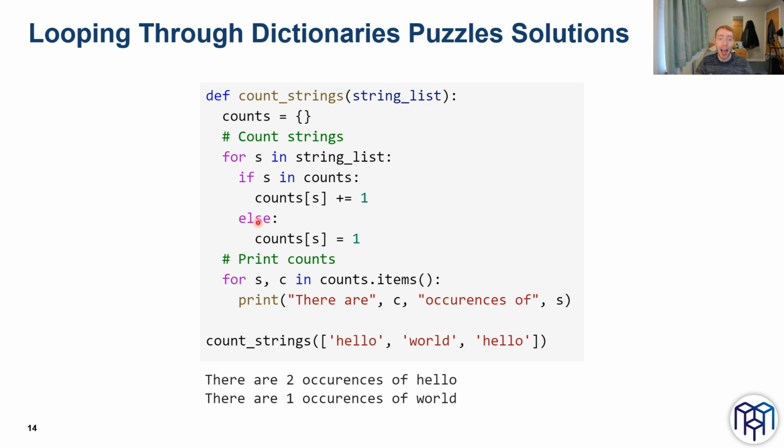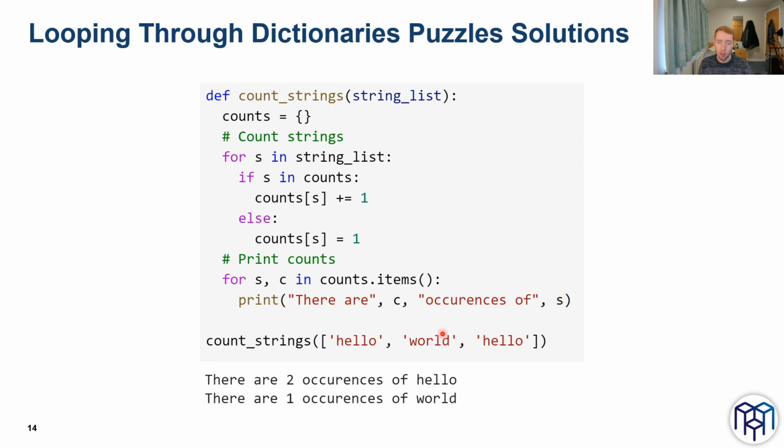Otherwise, we haven't seen that string before, and so the count for that string should be given the initial value of 1. That's going to build a dictionary of counts, and it's going to look something like a certain word, colon, maybe 3 if we saw it 3 times, and if we never saw the word, it's not going to appear in that dictionary. We can then print out the counts by looping through both the string and the count in the items at the same time, and we can say there are c occurrences of s, the string.